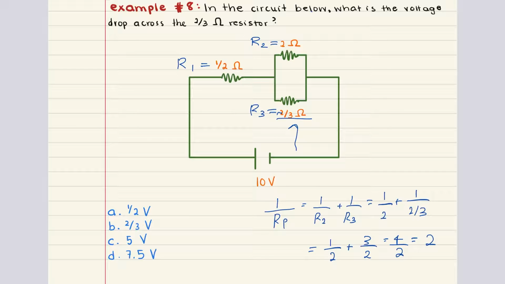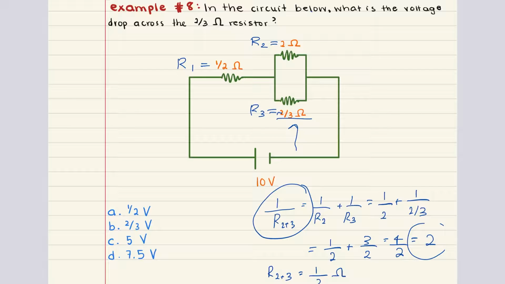So 1 over the resistance of R2 and R3 in parallel is equal to 2. Then we have to take the reciprocal of both sides of this expression to get that the parallel resistance is equal to 1/2 ohms.